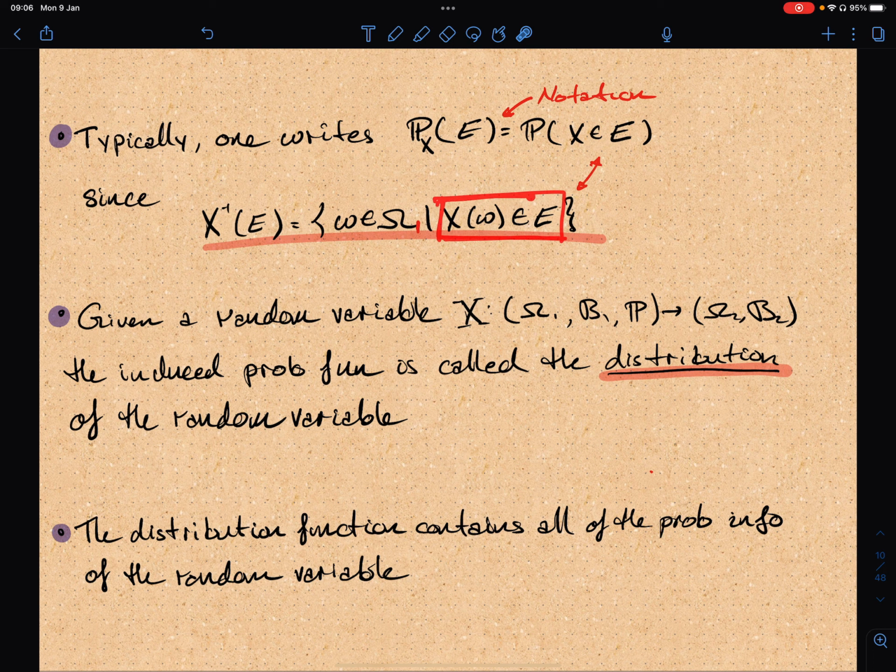This is the important condition to determine the pre-image, and this is what's written here. Additionally, people drop this omega to make it a little bit neater. So in most of the literature, you'll see this type of notation, and it really stands for this induced probability function. It's what we use to study the random variable.